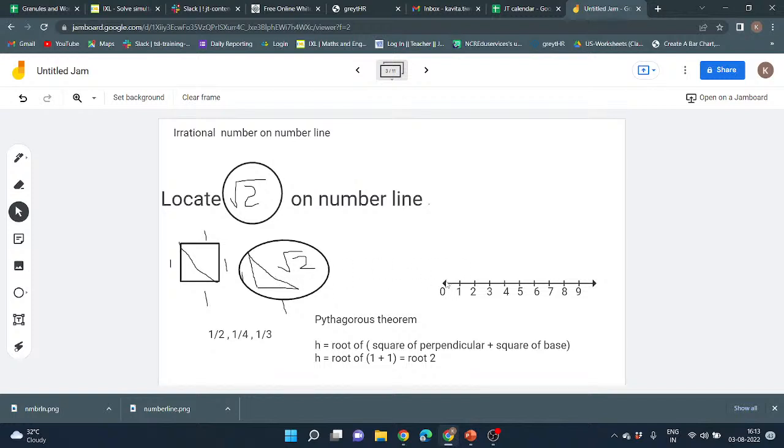We will start from 0, take a compass of length root 2, and then use this compass to measure on the number line till where root 2 is, starting from 0, and then we will locate it on the number line.